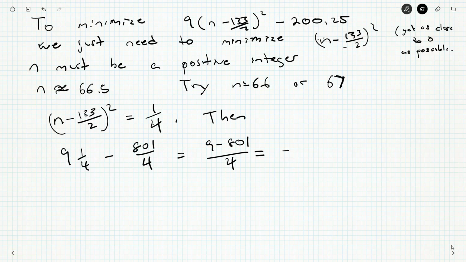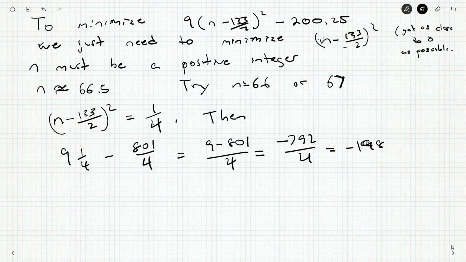And it does. I mean, it kind of has to. As long as I chose n as an integer, the relationship I built up would force it to be an integer when I spit this out. We'll break it down into one more step. It's negative 792 on top, and then we get negative 198 on the bottom.